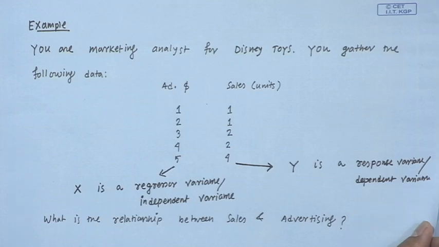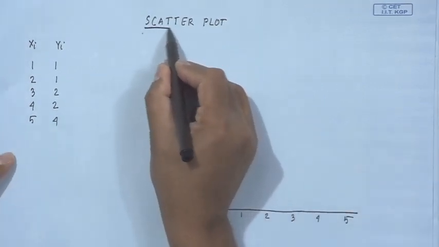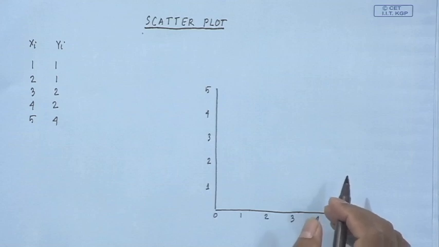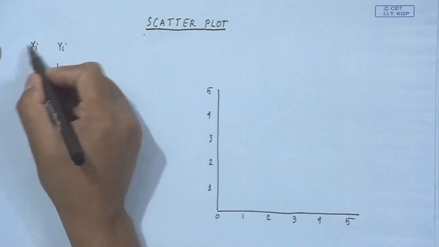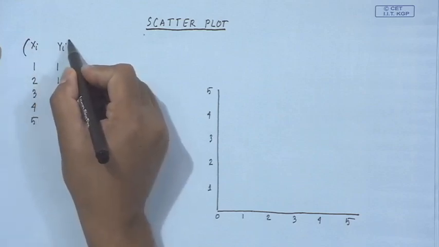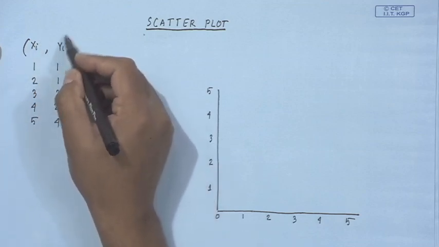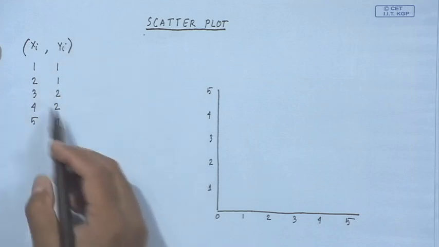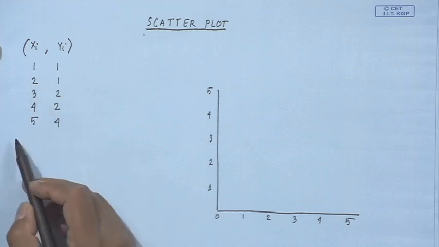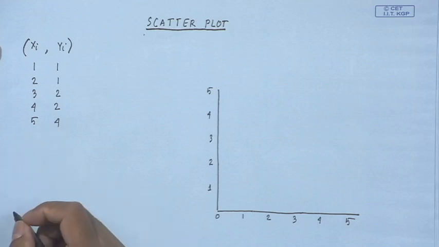Let me talk about scatter plot next. Here I have been given a set of observations, say x_i, y_i, where x_i stands for a regressor variable and y_i stands for response variable, and I have 5 observations like x1 y1, x2 y2, x3 y3, x4 y4, x5 y5.